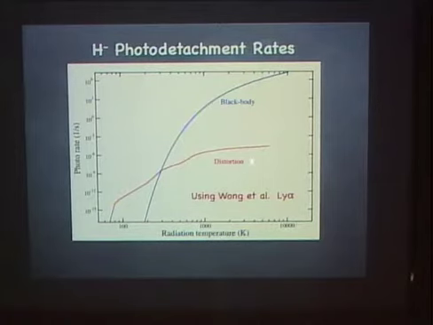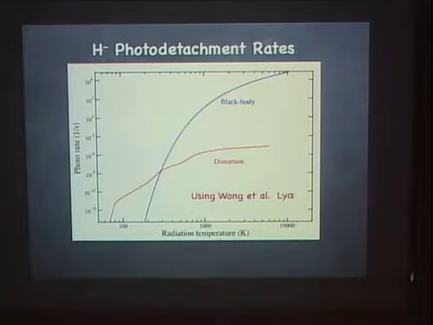When I put this on this plot, I had to convert the redshift to the radiation temperature, but effectively this is a plot of the rate versus redshift. Over here, it's negligible compared to the black body. But as the black body rate falls for H-, the distortion rate becomes relatively large.